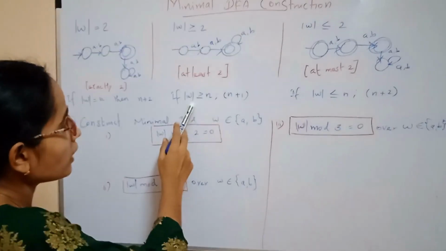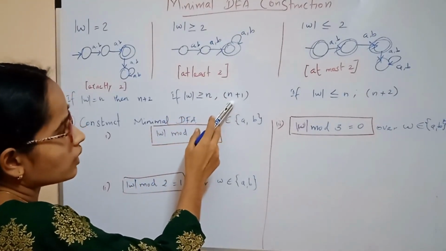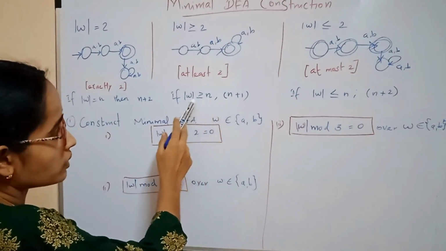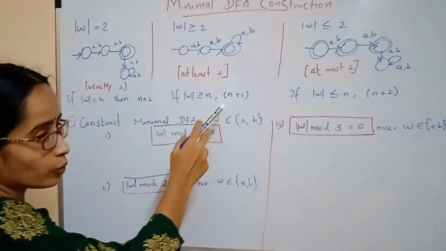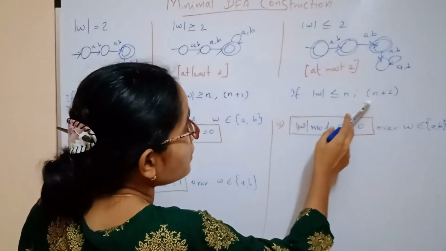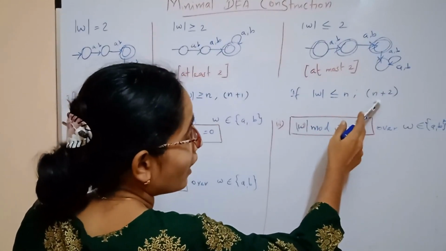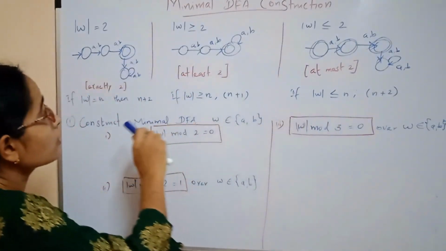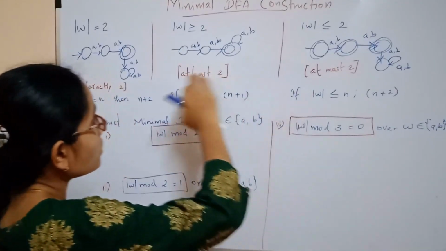When the length of the string is greater than or equal to n, you will have n plus 1 states. When the length of w is less than or equal to n, you will have n plus 2 states.